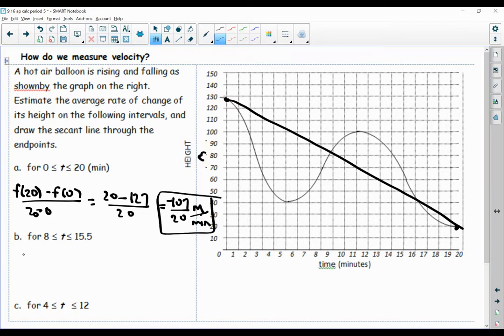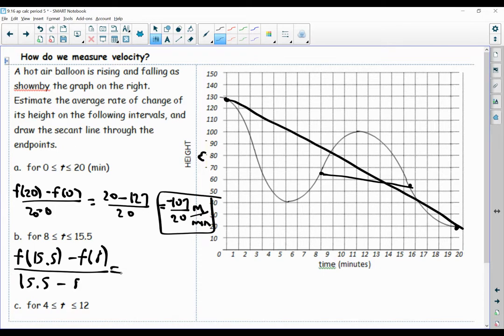Okay, from 8 to 15.5. So 15.5 is like right here. I couldn't have picked nastier numbers, could I? And then 8 is right here. So I can see this would be my slope. And if I want to estimate that, again, I can do the save my butt step by just setting this problem up. I've earned a point on a free response question by writing that statement.